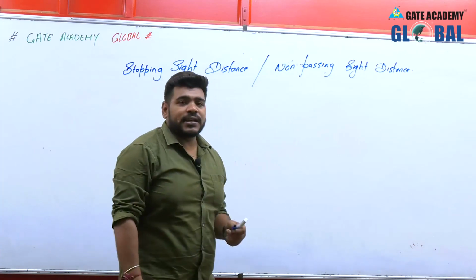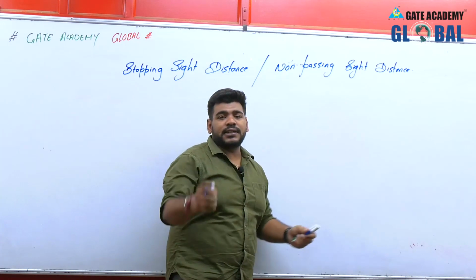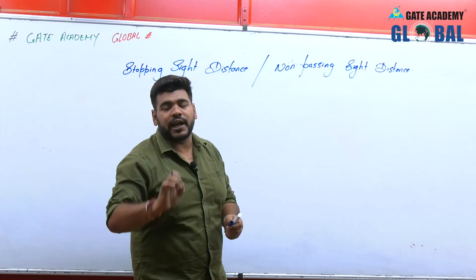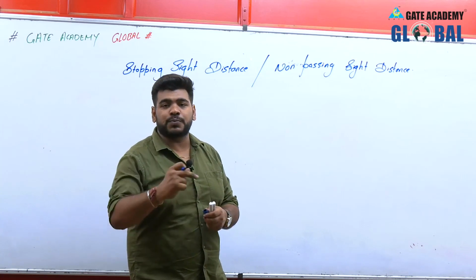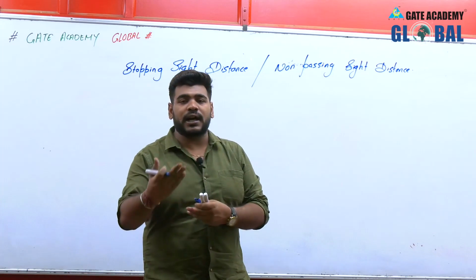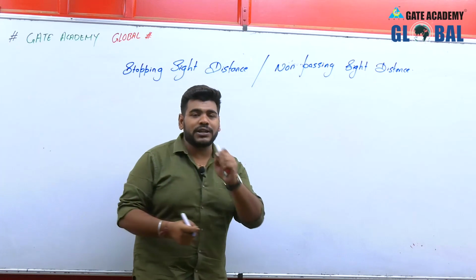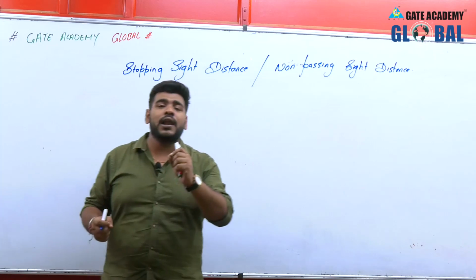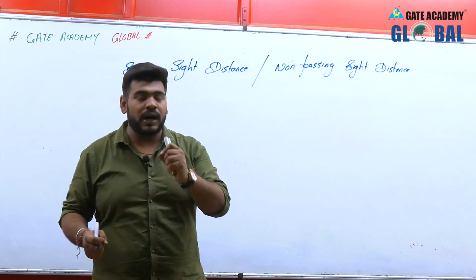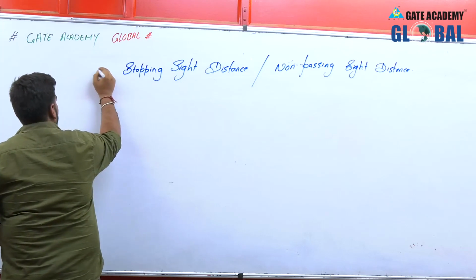From the term non-passing sight distance, we can directly say that the distance is not sufficient enough to overtake the vehicle which is moving in front of the test vehicle. The test vehicle is the vehicle in which we are moving. So the distance is not sufficient enough to overtake a vehicle moving at a slow speed. Fine. So we can start with the term stopping sight distance.